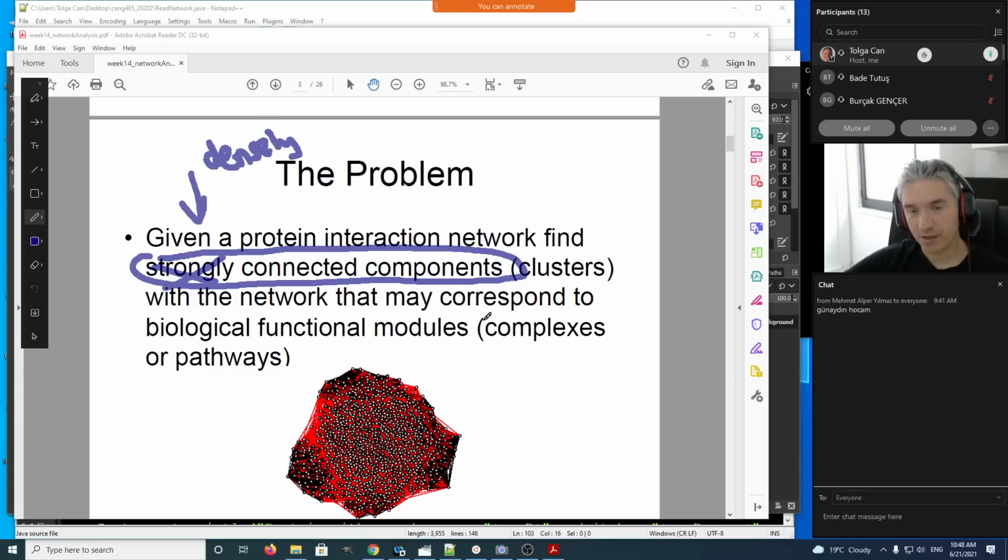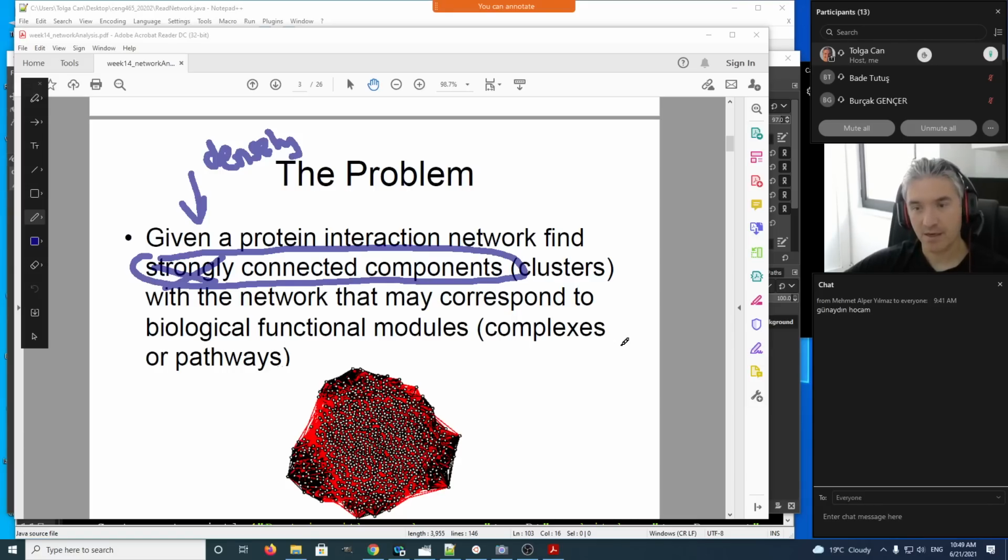Strongly connected component is a graph theoretic term on directed graphs: if there's a path from every node in that subgraph to every other node in that subgraph, then that subgraph is a strongly connected component.